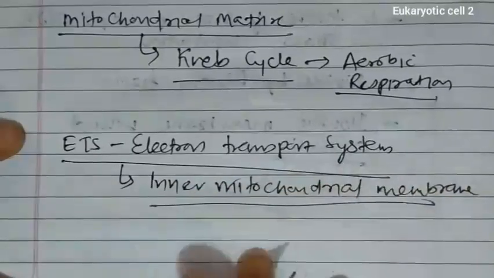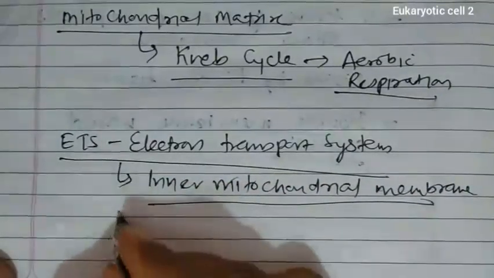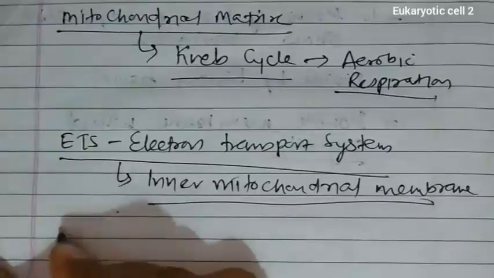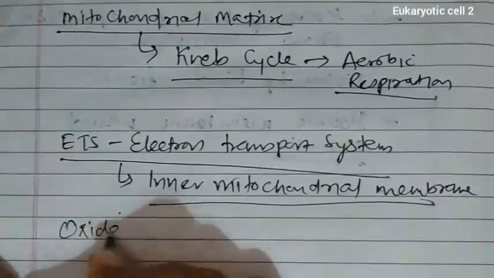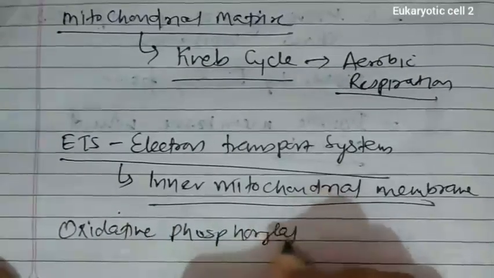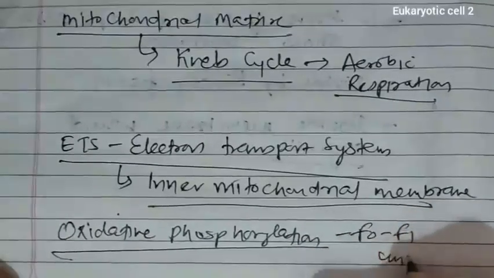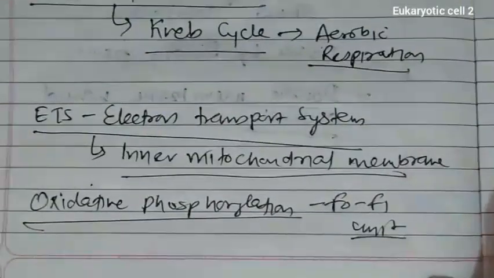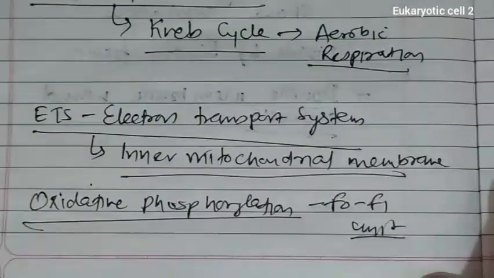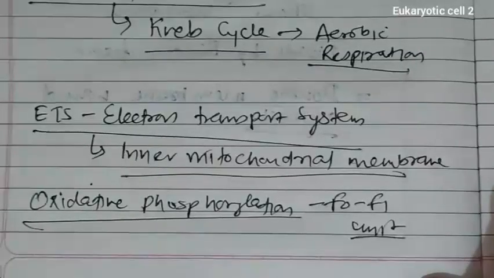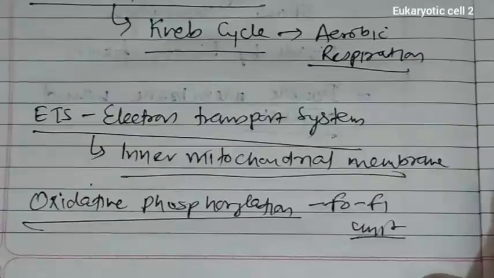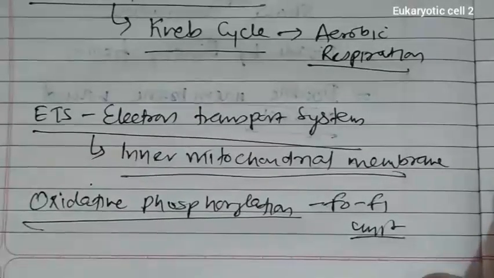And one more thing, oxidative phosphorylation is carried out by the F0 F1 unit. We remember this F0 F1 unit is involved in synthesis of ATP, and ATP is formed by the phosphorylation of ADP and inorganic phosphate, for which the energy required is gained from the ETS during oxidation. So we call it oxidative phosphorylation.